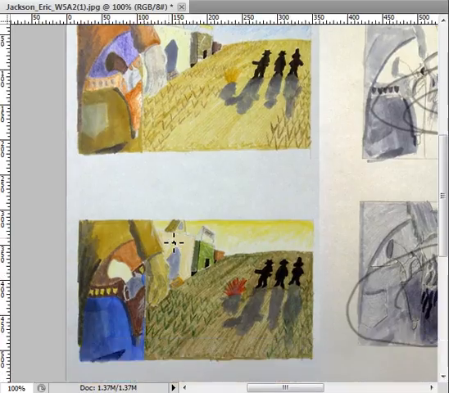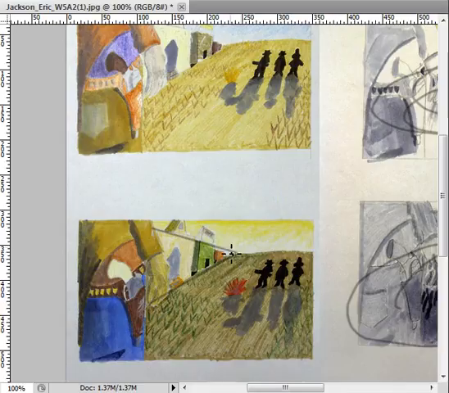You do have to be careful about your perspective. You have kind of a vanishing point where everything is moving to basically right here, and things like the path would also be doing that.